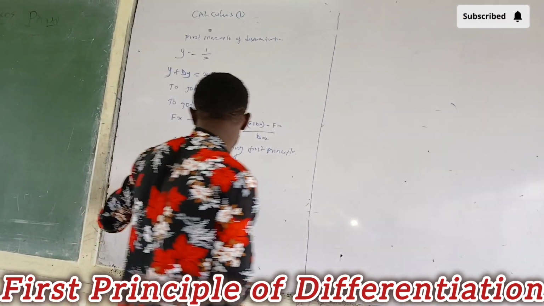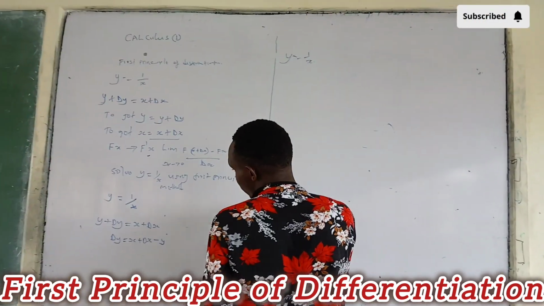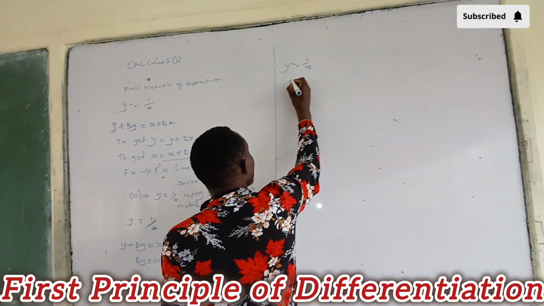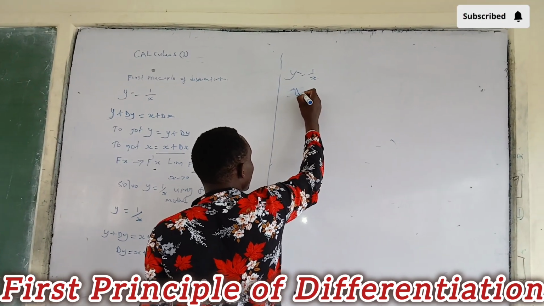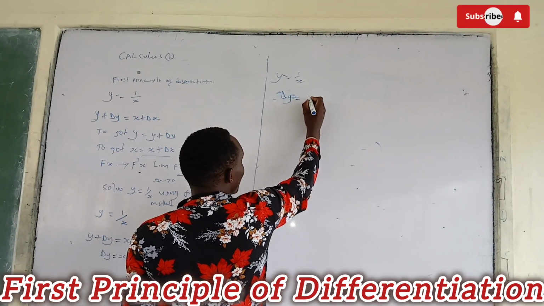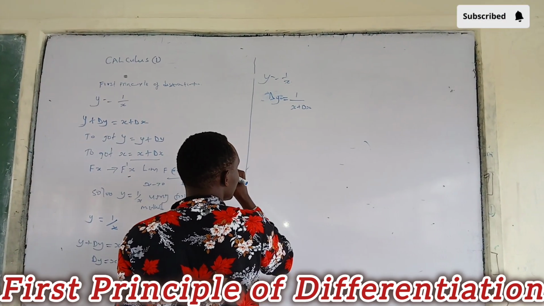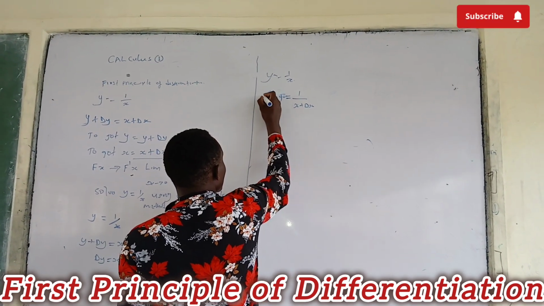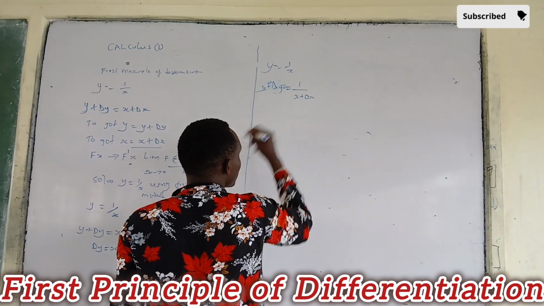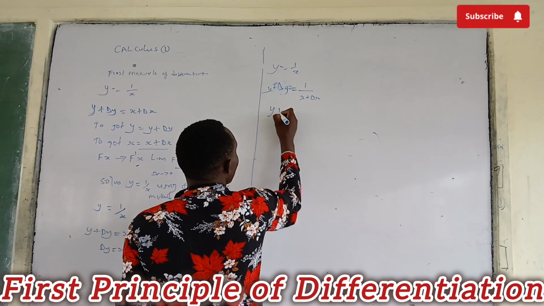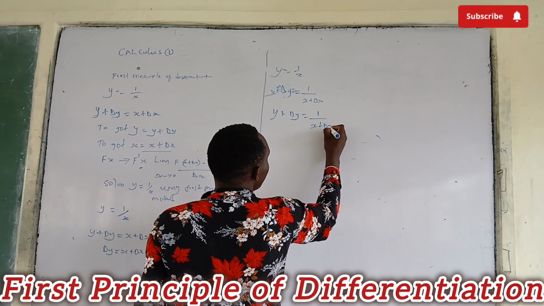But the equation, they have said that solve y is equal to 1 over x using first principle. So I'm going to use y plus change in y is equal to 1 over x plus delta x.